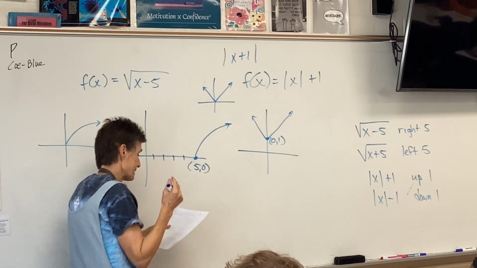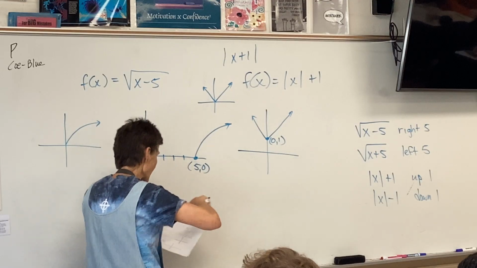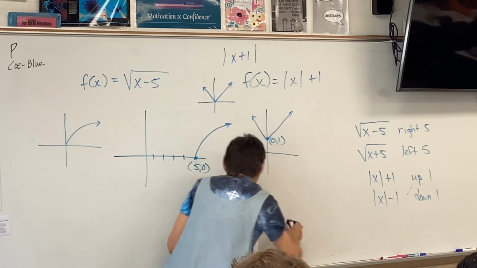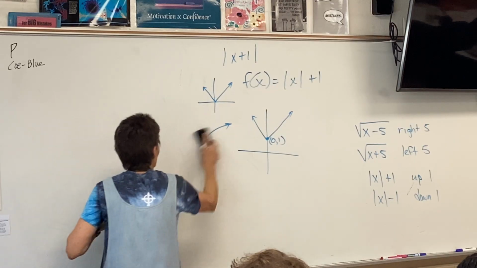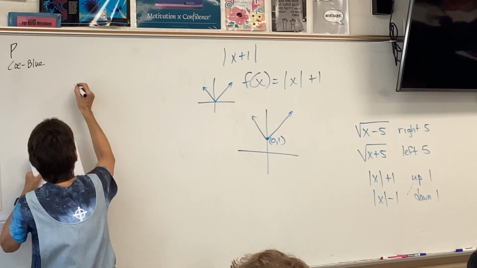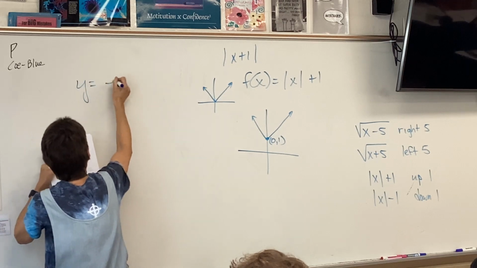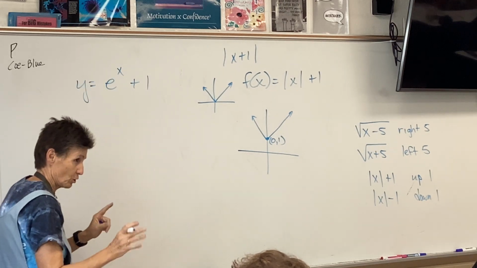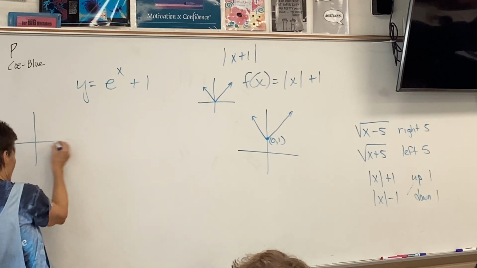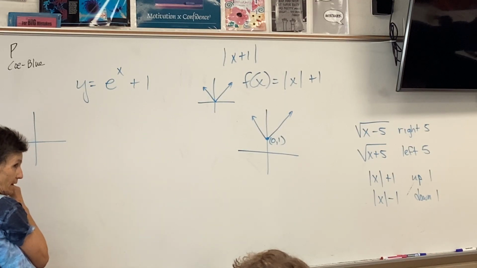All right. C, kind of went sideways there. C is, well, it's your exponential. So before I figure out what I'm doing with it, I'm going to remember what my exponential looks like.